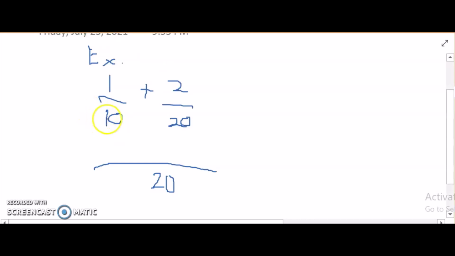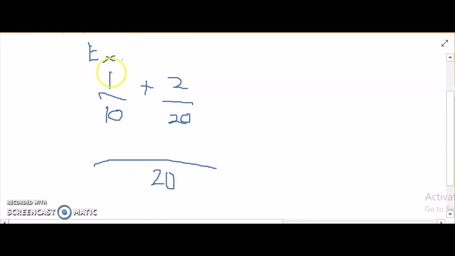So what we do is 20 divided by 10 times the numerator. So 20 divided by 10, that is 2, and 2 times the numerator, that is 1, and then we bring down our plus. 20 in 20, that's 1. 1 times 2, that's 2.